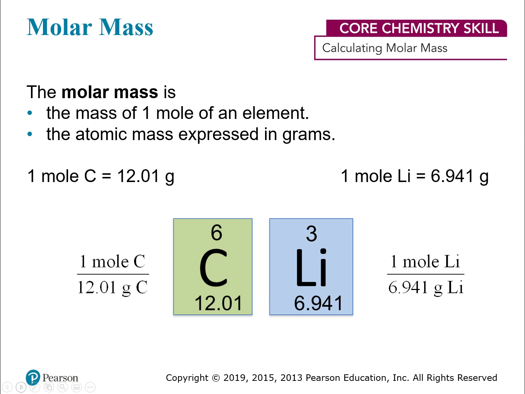If you look at the periodic table, for carbon, you'll see 12.01. That's the atomic mass. It's measured in atomic mass units. Express that mass in grams, and you now have the molar mass of carbon.